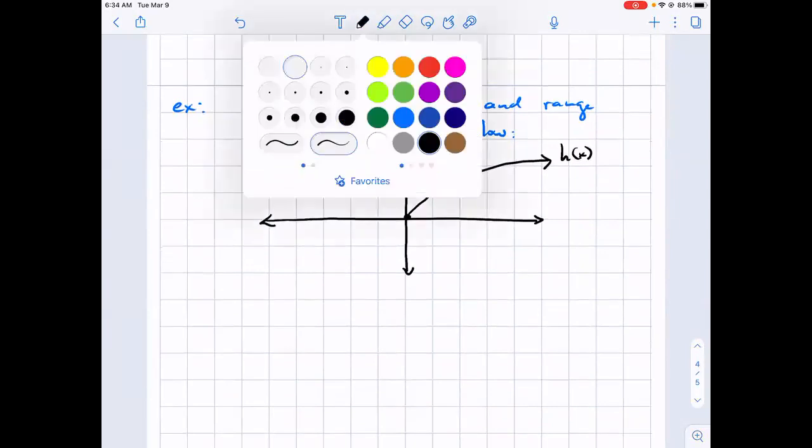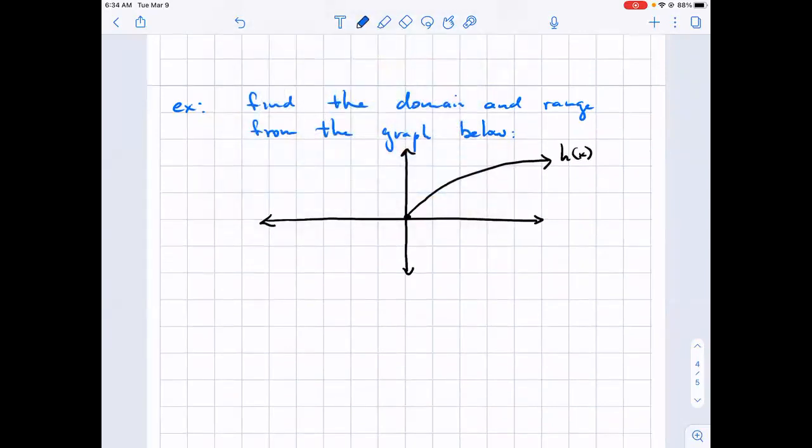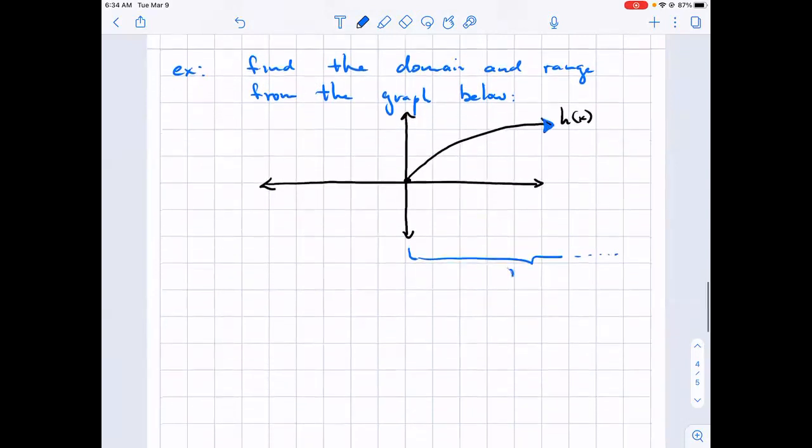So you will notice that there is no break in this function here. So the x value, the domain will be from here, and notice that it goes continuous. This here has an arrow to it, so that means it doesn't stop. So this is your domain.